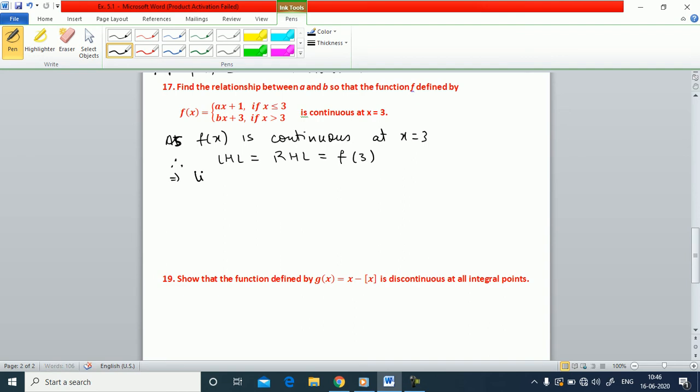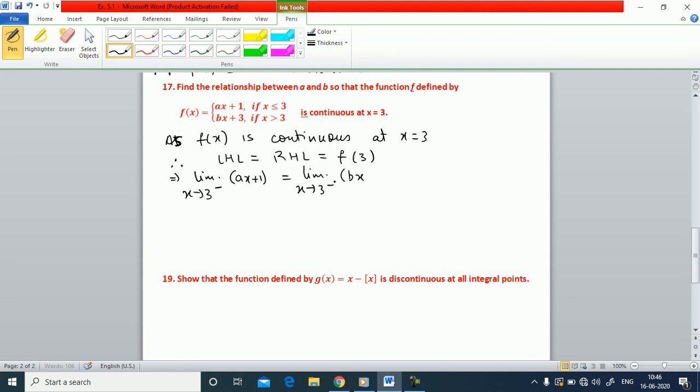Left hand limit will be limit x tending to 3 from the left. So you see what is the function on the left of 3. When x is less than 3, function is to be taken as ax plus 1. And on the right of 3, when x is approaching 3 from the right, when x is greater than 3, function is to be taken as bx plus 3.